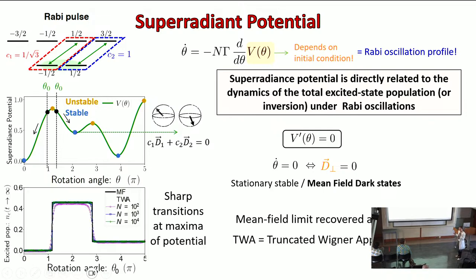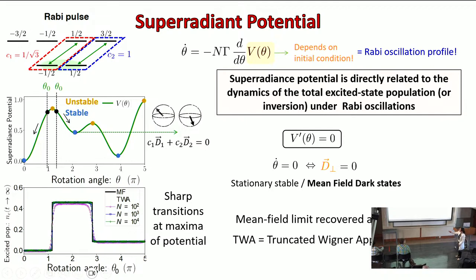So in order to check that this very simple picture is actually correct, we do simulations using the truncated Wigner approximation, where we look at different initial rotation angles and let the system evolve. We increase the number of particles from 100 to 10 to the 4, and nicely we see that the dynamics, well, not the exact dynamics, the dynamics with truncated Wigner, follows what we expect from the mean field.